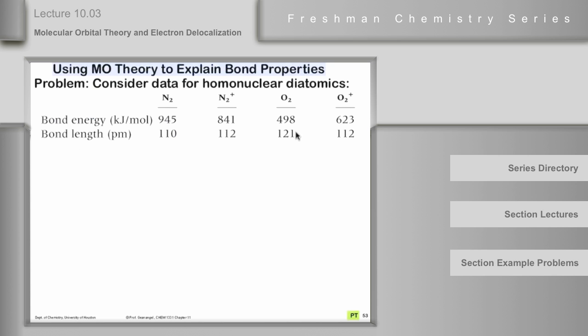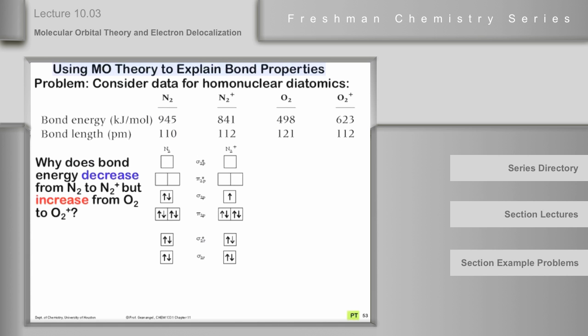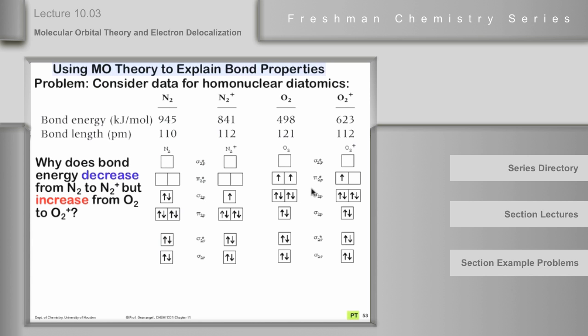So here's what we have. Why does the bond energy decrease from N2 to N2+, but increase from O2 to O2+? Here is the picture that I told you about. For N2+, the electron came out of a bonding molecular orbital, and for O2+, the electron came out of an antibonding molecular orbital.